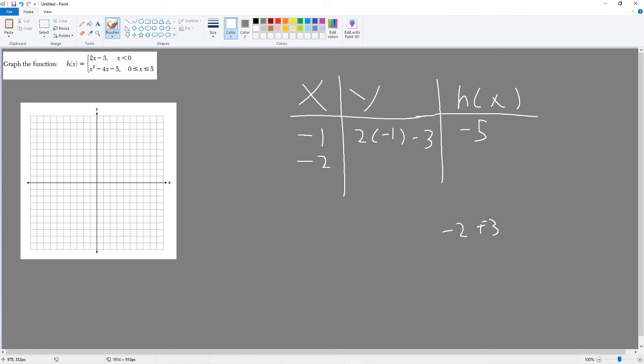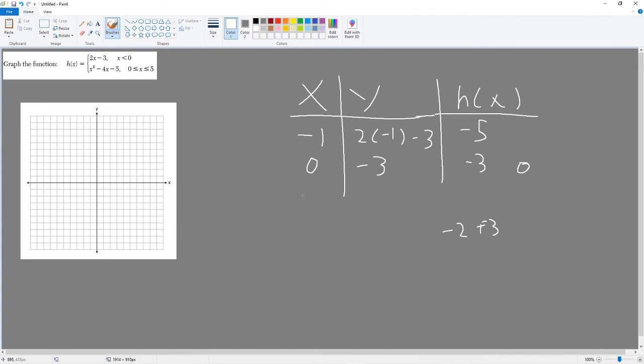Let's do one more corner. Let's do 0. At 0, we have negative 3. But this does not count because x has to be less than 0. But that's fine, no worries. We could put a hole in it. So in other words, this is going to be an open circle because it doesn't equal this.